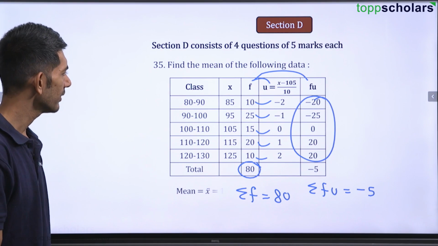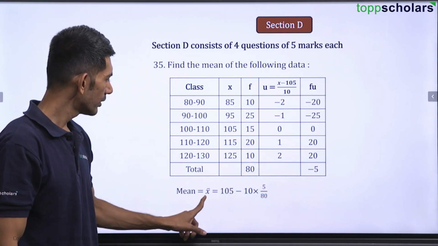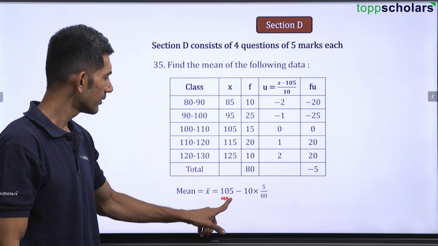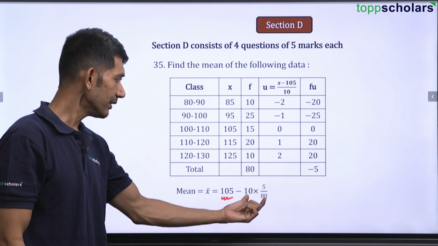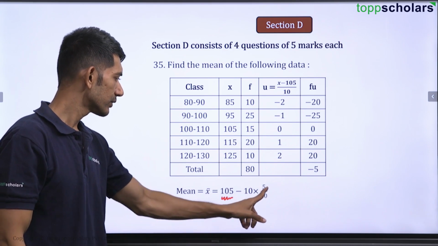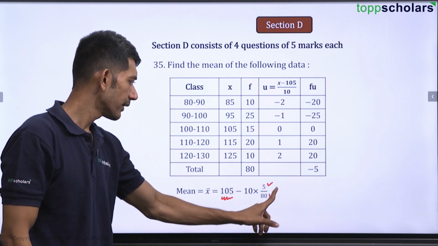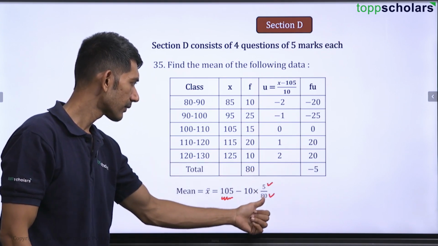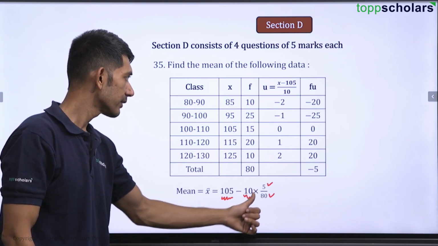Now let us see the formula. That gives you mean x bar is equal to assumed mean a, and then this minus 5, that is summation fu, divided by summation f, multiplied by h, which is 10.